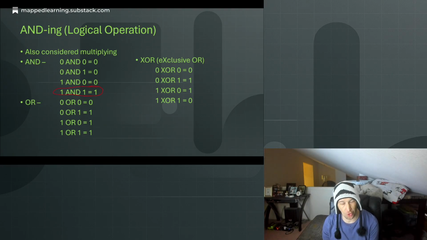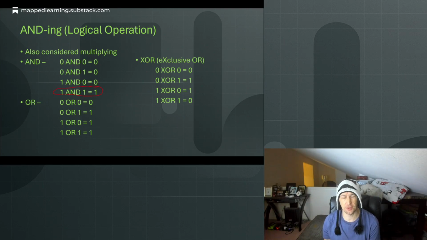With an or, either one or the other or both have to be true or on for it to be a 1. So 0 or 0 ends up being 0. 0 or 1 ends up being 1. And 1 or 1 ends up being 1. And then finally, the exclusive or.